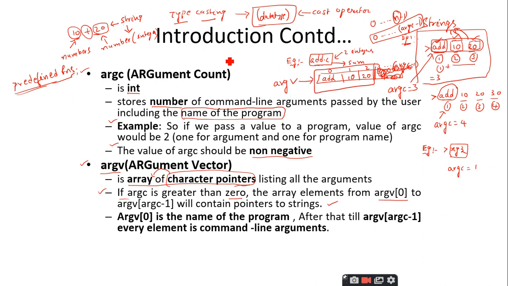So, argument vector of 0 is nothing but the name of the program, and from argument vector of 1 and so on up to argument vector of argc minus 1, all these things are the inputs to the function.